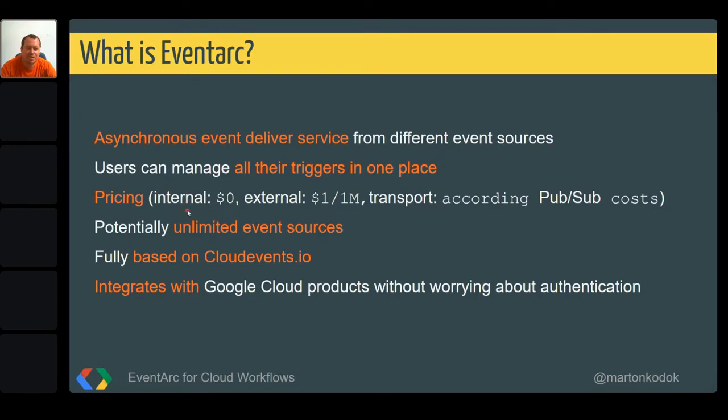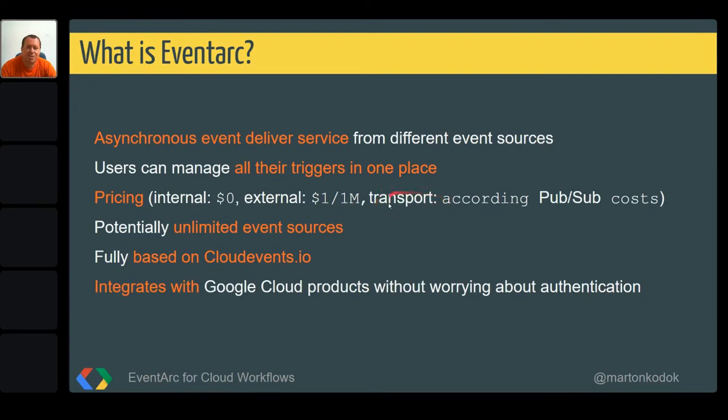What does internal mean? It means that all the Google Cloud inside log entries, audit logs, and events are free to process. There is the external one. External has $1 for 1 million events. I would say that this price is almost free, because $1 for 1 million is almost free.